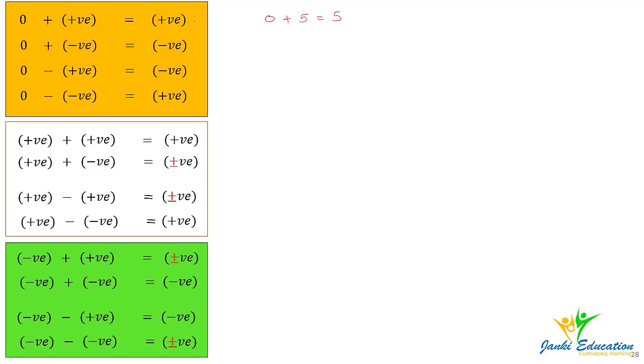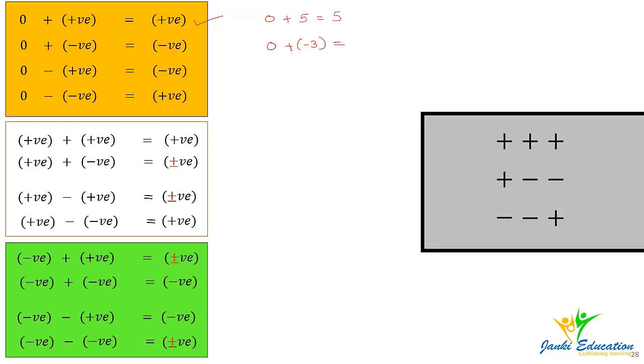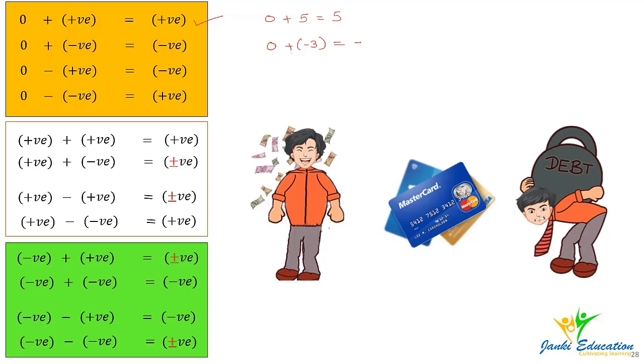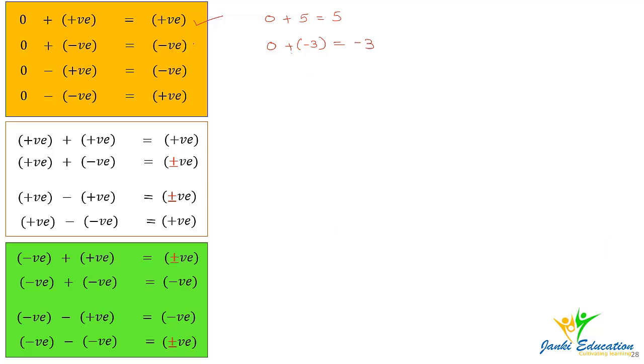So this has been clear. 0 plus positive is equal to positive. 0 plus negative, so say minus 3. Now here you have to remember plus minus minus, that a man with wealth takes a loan, he becomes negative only. So the answer is minus 3. Now this has been over. 0 minus positive. So positive I can write in two ways. Either I will write like this or I will write like this.